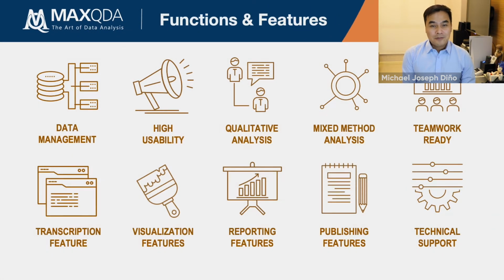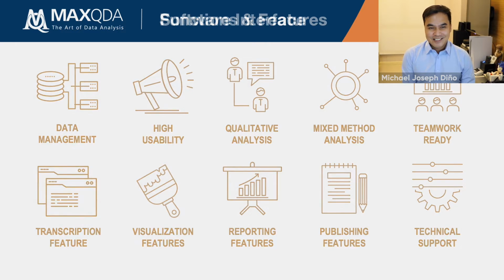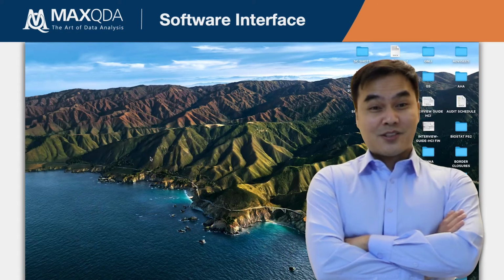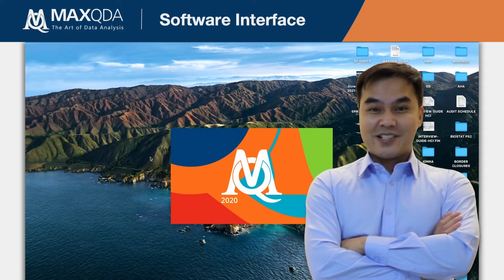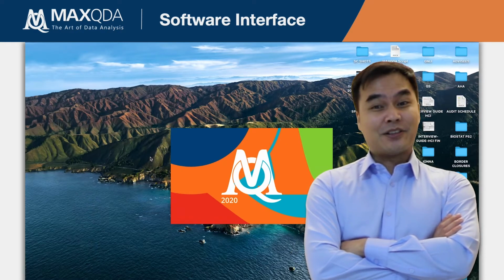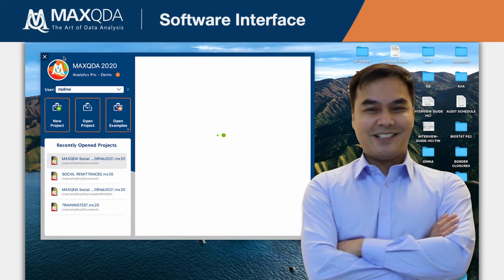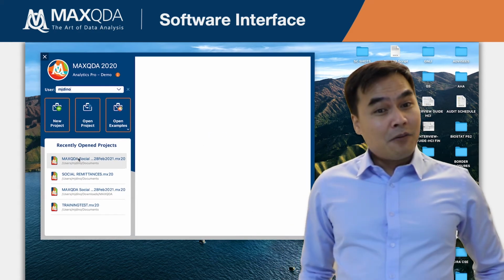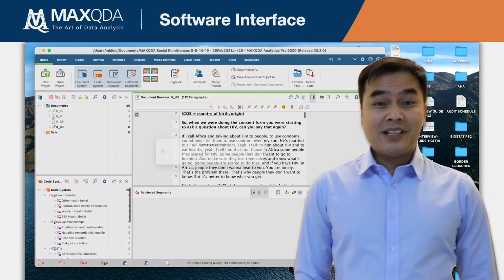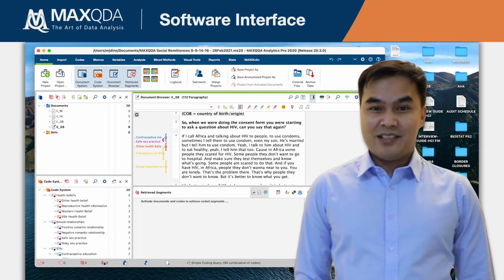MAXQDA has the following functions and features. What sets MAXQDA apart from its competitors is its sleek and user-friendly interface. Opening the software welcomes any researcher with a clean and intuitive design.